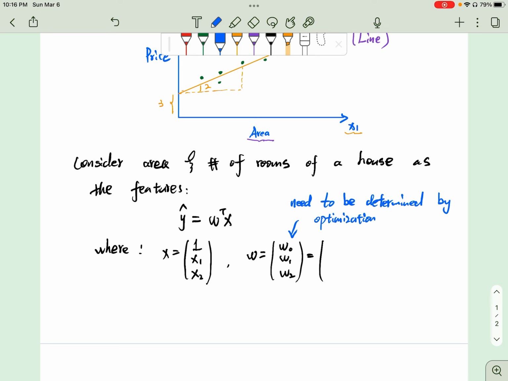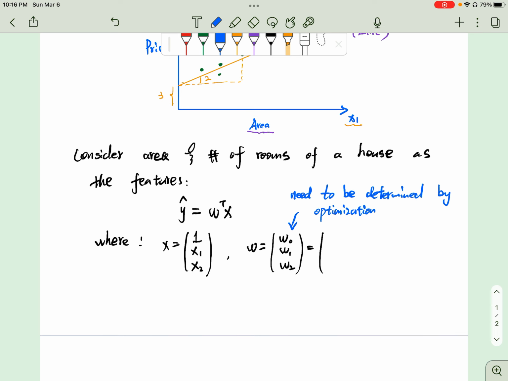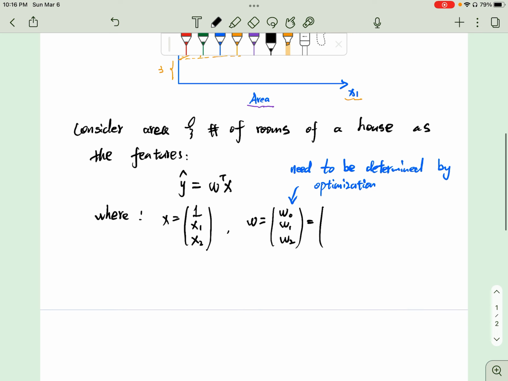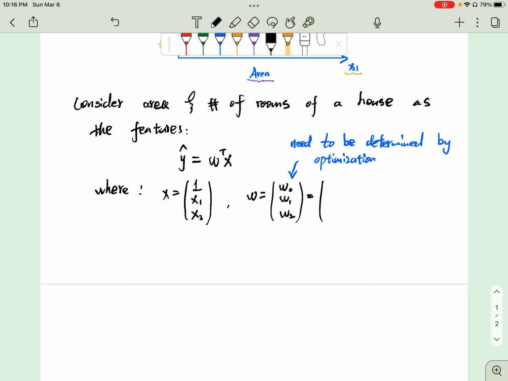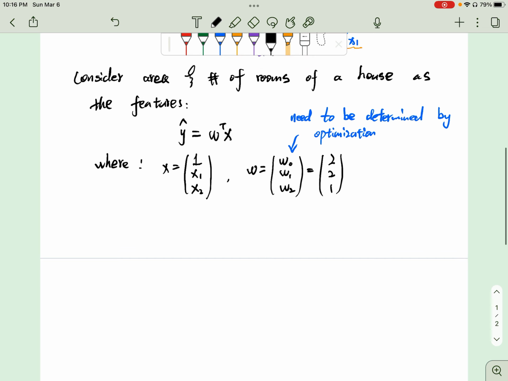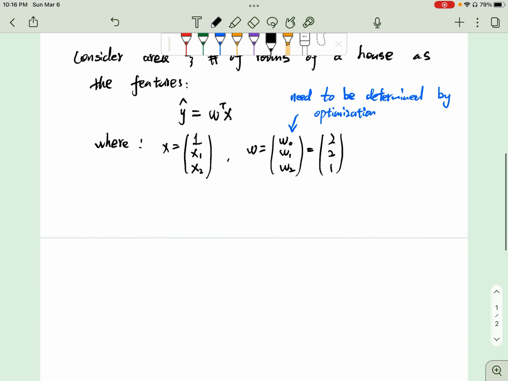We haven't gone through the optimization problem yet, but next we will. For now I tell you this is a very simple model, and the weights you find are 2 and 1 here. So this is the area of a house and number of rooms.